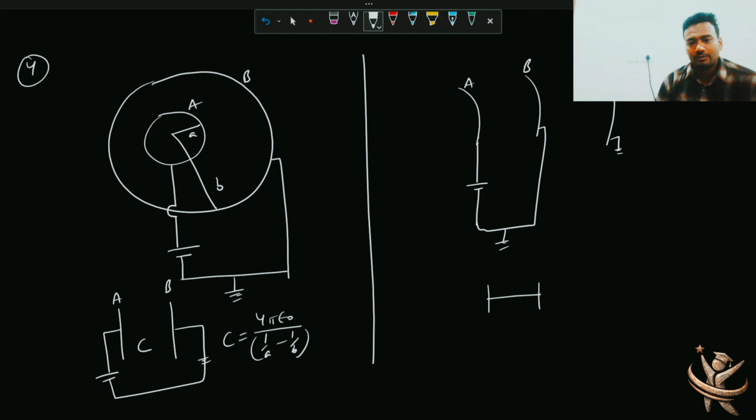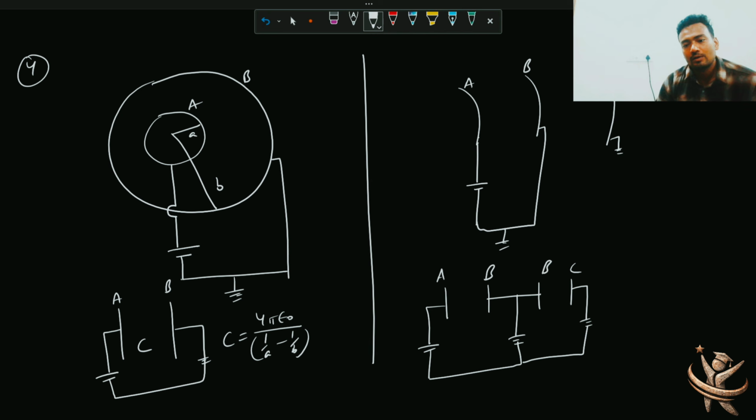You see it this way, beta. B is making capacitance with C and A both, right? So it is C, this is A. With A the battery, B is grounded, this is connected, C is also grounded here.